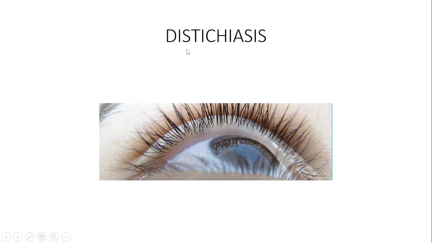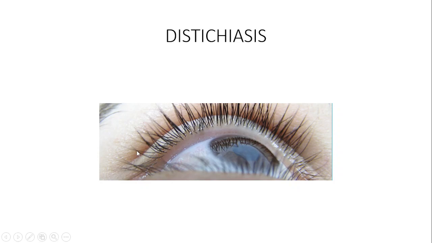Let's talk about another entity. This is known as what? Distichiasis. What is distichiasis? Under normal circumstances, the eyelashes are in one simple, beautiful row. When there is distichiasis, it means that you have more than one row.